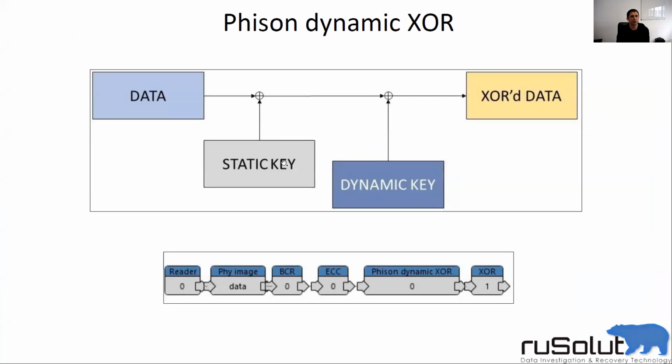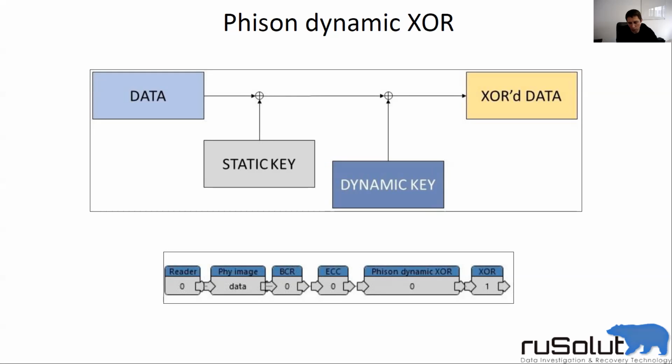So there is one peculiarity for devices with a Phison controller. Usually it's micro SD cards or some SD cards. There are two types of XOR keys, static key and dynamic key. In case of a static key, the binary which is applied to the data is the same all the time.